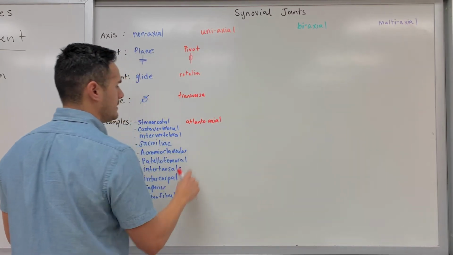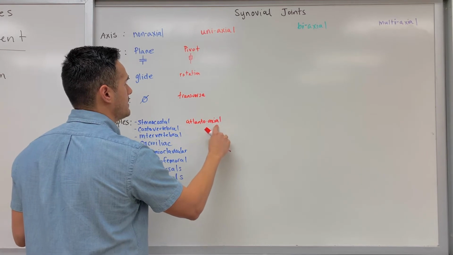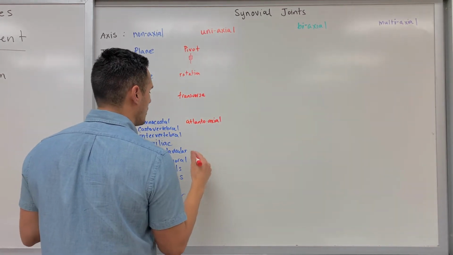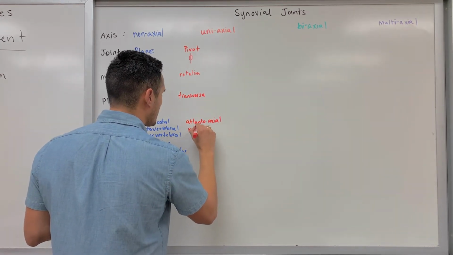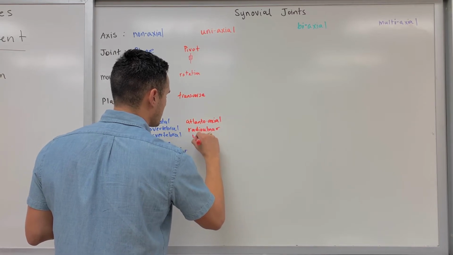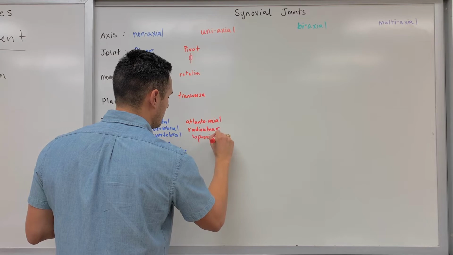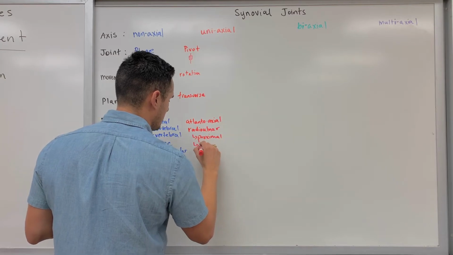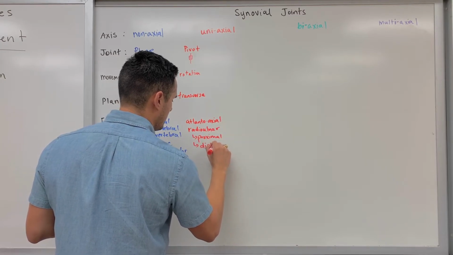So this is between the C1 and the C2 vertebra, as well as the radio-ulnar joint. So this is at the proximal end, as well as the distal end.